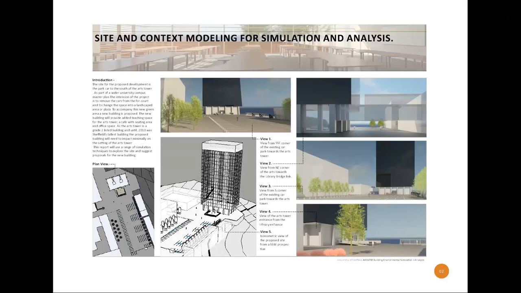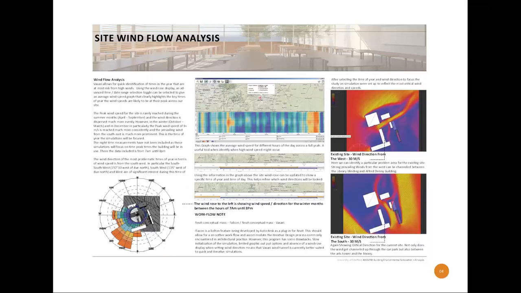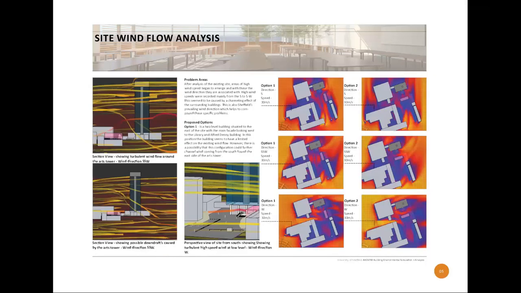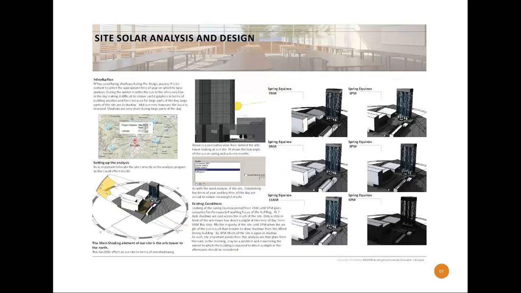So here he has renderings of the site information, wind analysis, again. And in this instance, he's looking both in plan and in section at some of the wind flow effects around the site. Further wind flow analysis.